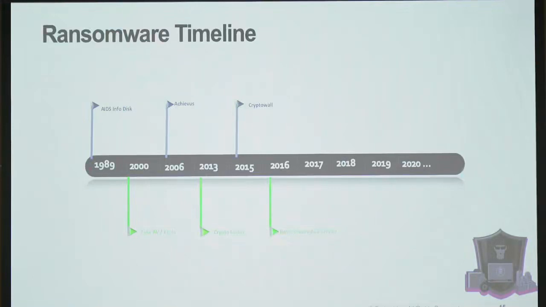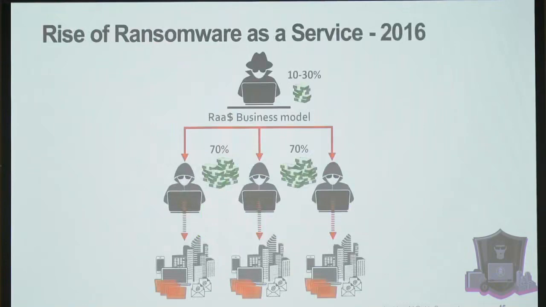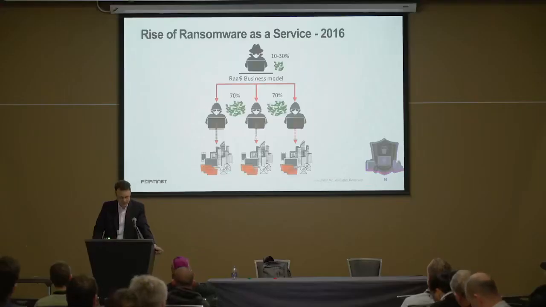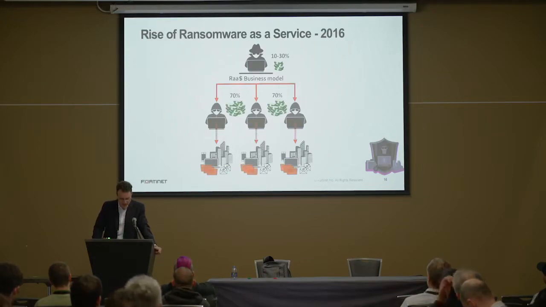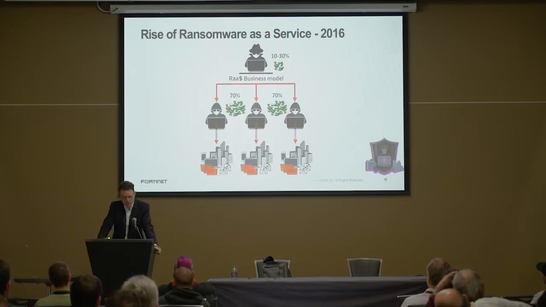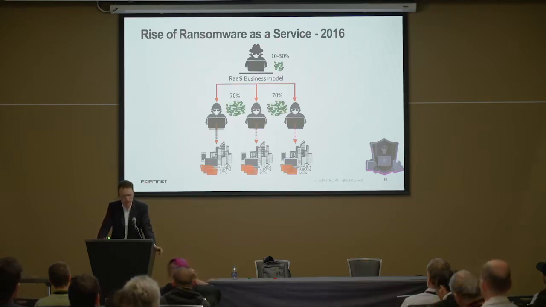Well, in 2016, there was the explosion of ransomware as a service. And that gave ransomware a very good advantage. If I remember correctly, it jumped by something like 300%. I'm not sure about the numbers, but it was a gigantic jump in ransomware samples.